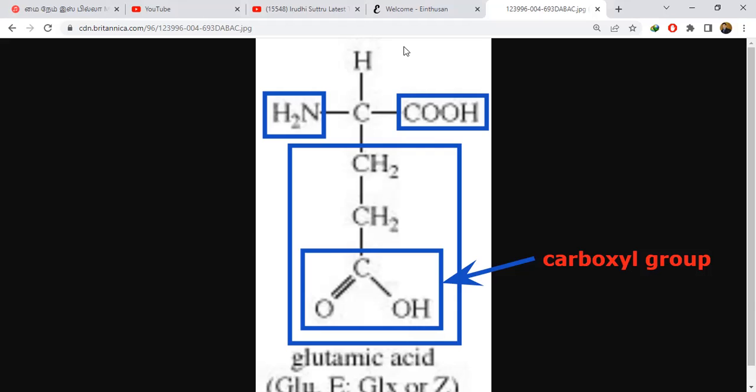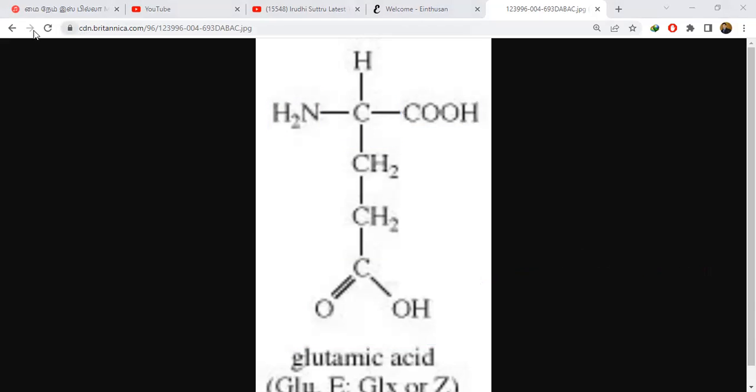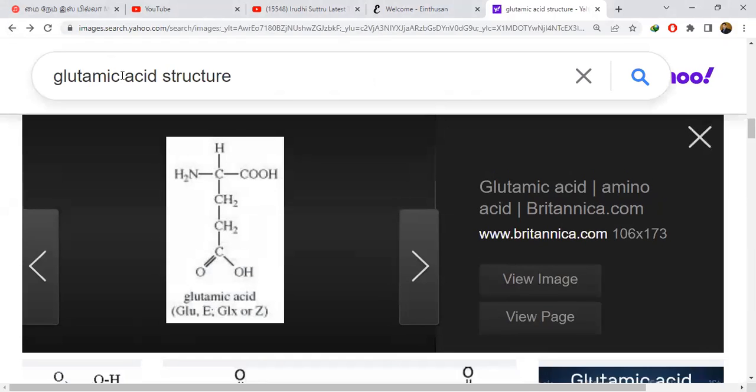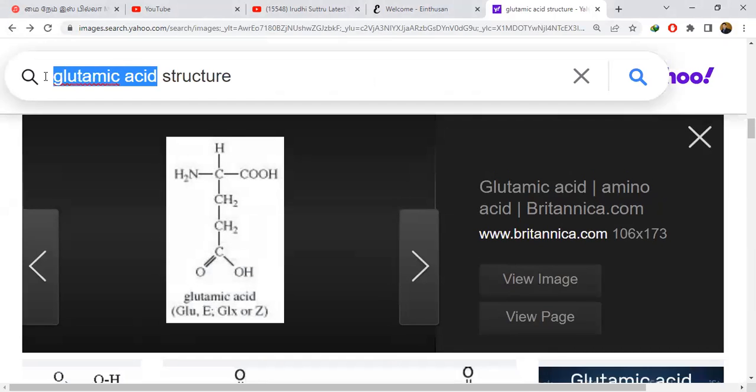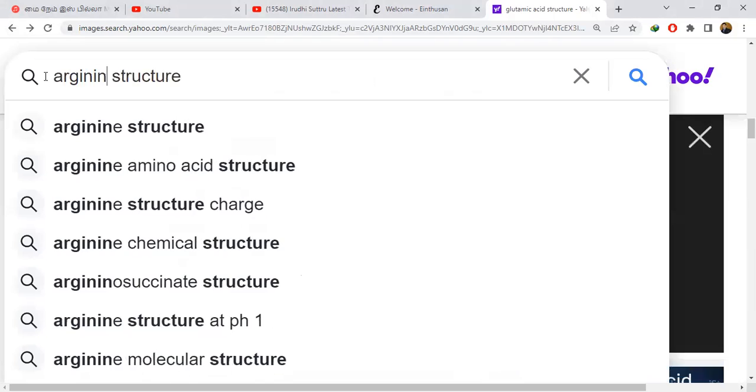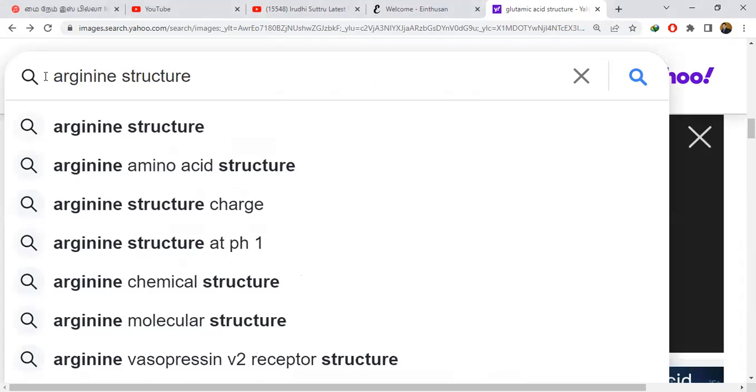Good. Did you mark that structure as glutamic acid? That structure you have drawn, did you label it as glutamic acid? Yes, sir.